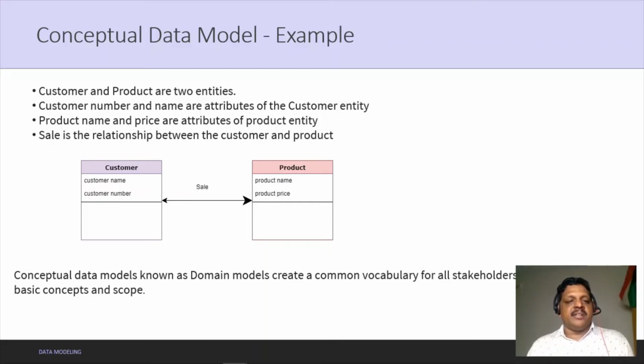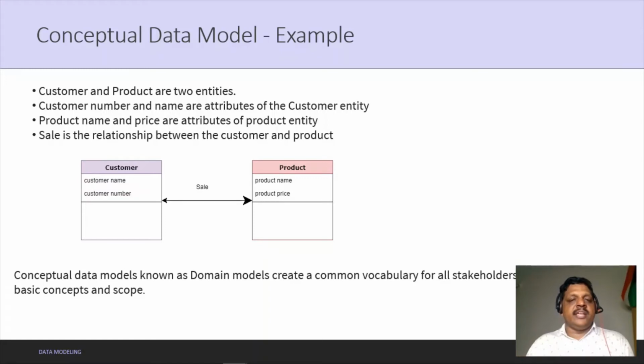Customer number and name are attributes of the customer entity. Product name and price are attributes of product entity. Sale is the relationship between the customer and product. The conceptual data model, known as domain models, creates a common vocabulary for all stakeholders by establishing basic concepts and scope. That's all.